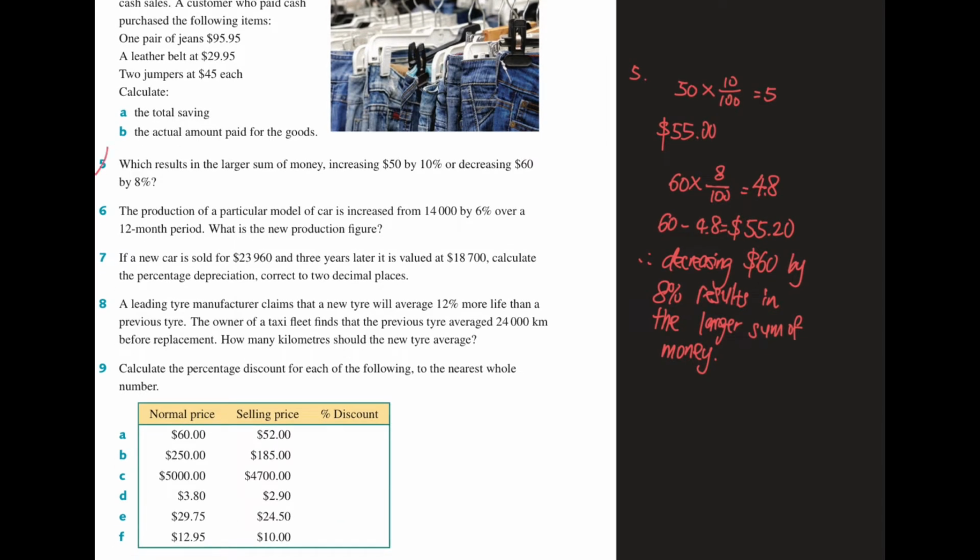Now let's see question 6. The production of a particular model of car is increased from 14,000 by 6% over a 12-month period. What is the new production figure?